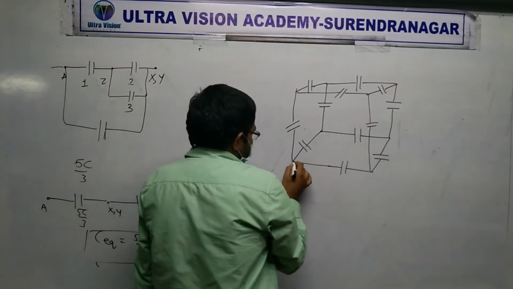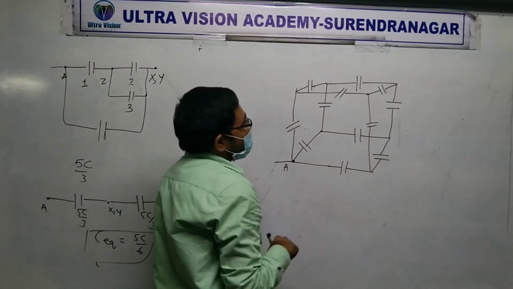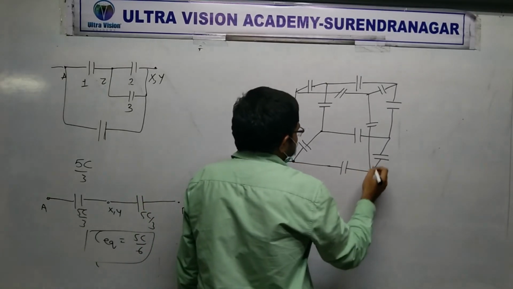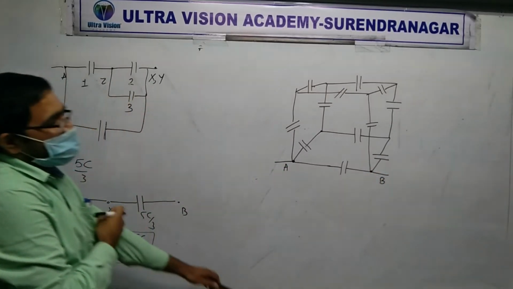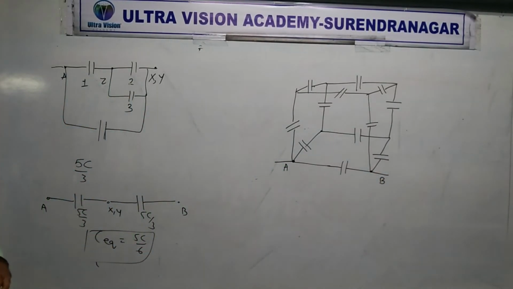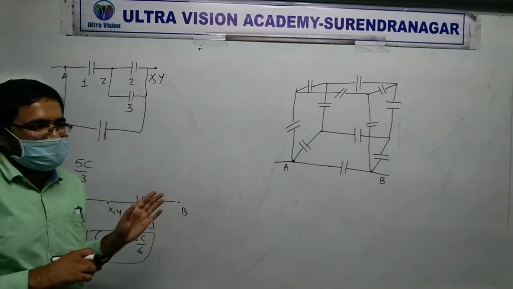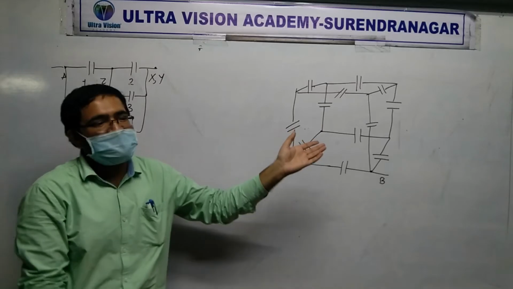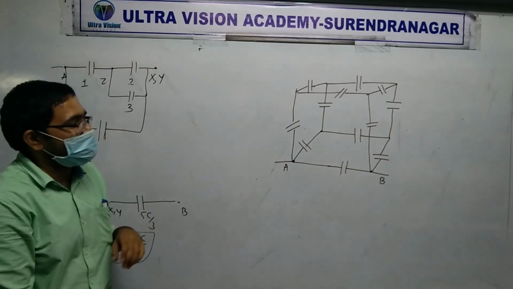And suppose this is one point A and this is one point B. Okay, if all capacitors are C, remember, if all capacitors are C, then you have to find the equivalent capacitance.